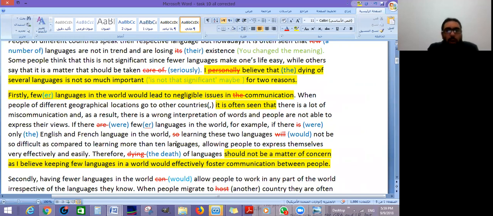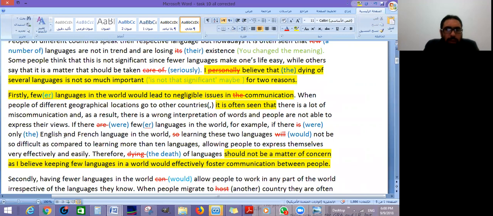so I had to put the. So we always put the before languages when we say the English language. But if we just put English, yeah, then we don't need the definite article here. And we could put if there were only English without language. But here, because we have language, the English language, the French language, and so on.